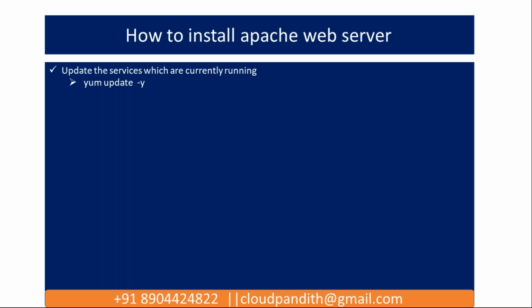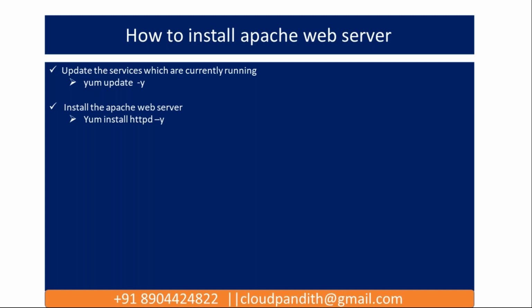The -y is nothing but it is not going to ask for user consent again, so it automatically understands that the user wants to update. If you give simply yum update, it will ask, do you want to update, yes or no, and you have to enter again. That's why we put -y. It means the user already confirmed that you can go ahead and update the services.